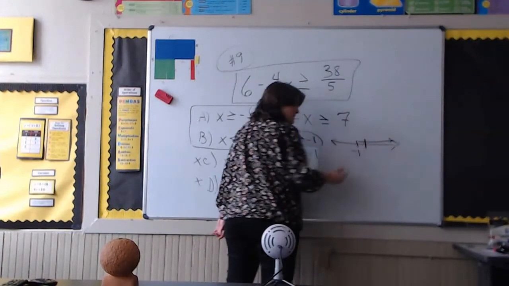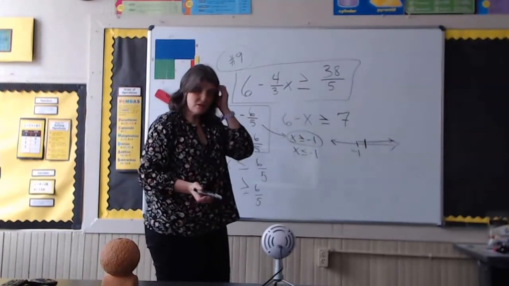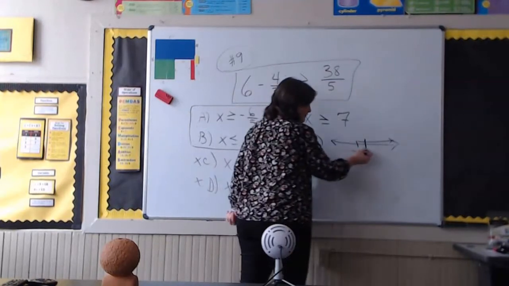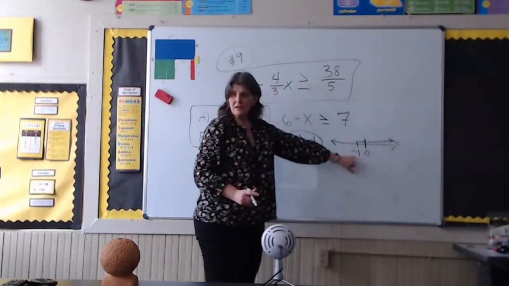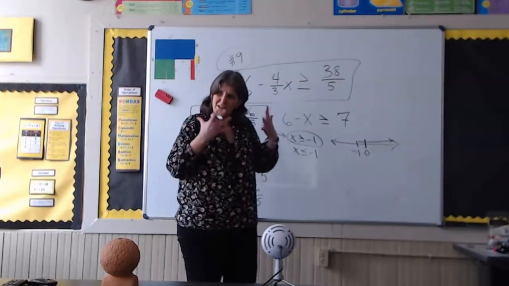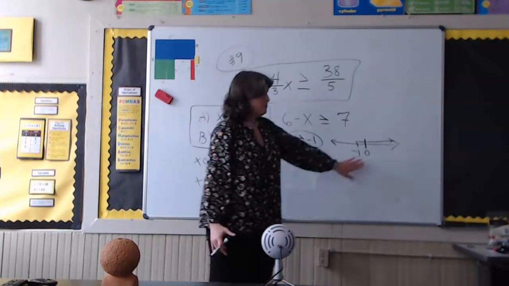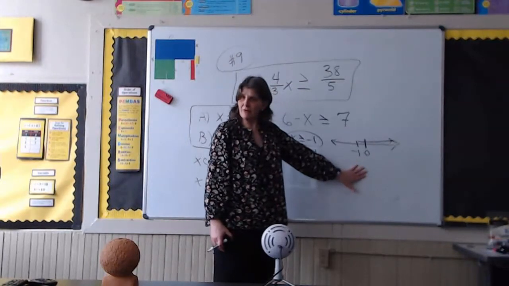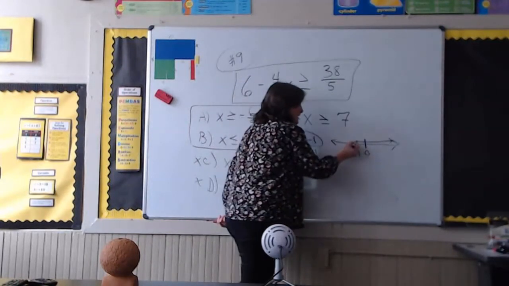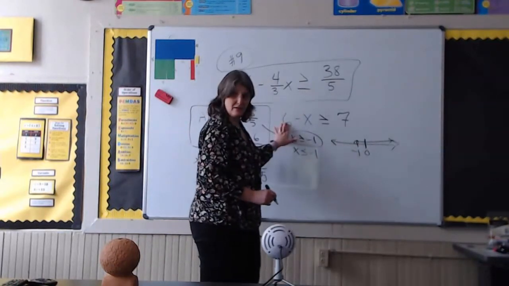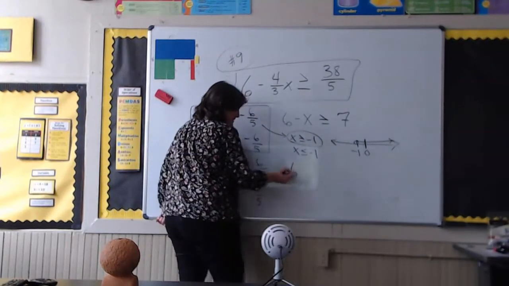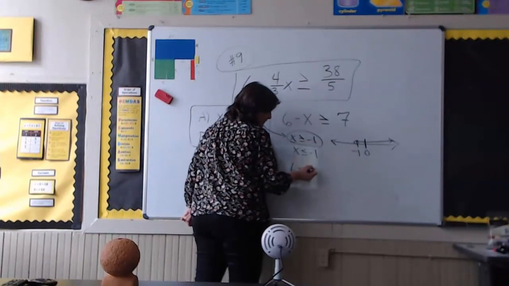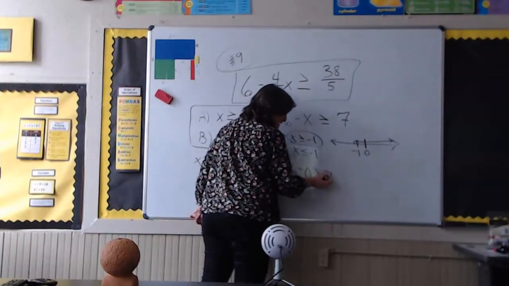So for purposes of just trying answers, I like to use 0 whenever I can. And 0 is greater than -1, because if I had no money, I would have more money than if I owed somebody $1. So let's put 0 in here and see if that comes out to be true. 6 minus 0 is greater than 7.